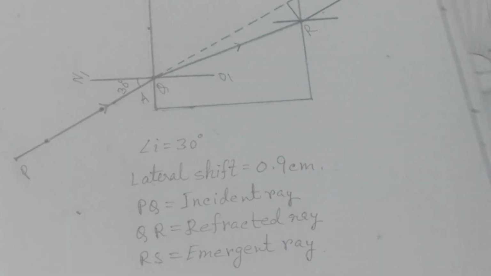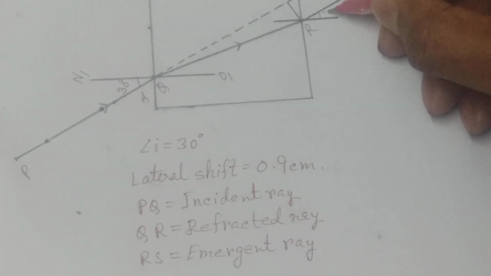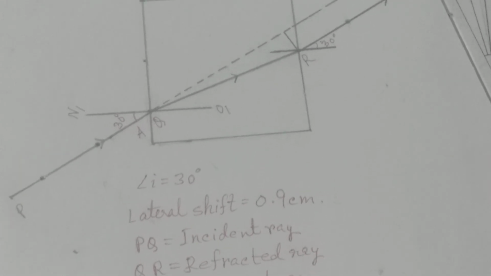The angle of emergence is also 30 degrees. This is the angle of emergence, also 30 degrees, right? And we got the lateral shift as 0.9 centimeter, right? In this way, you have to find the lateral shift in a glass slab.